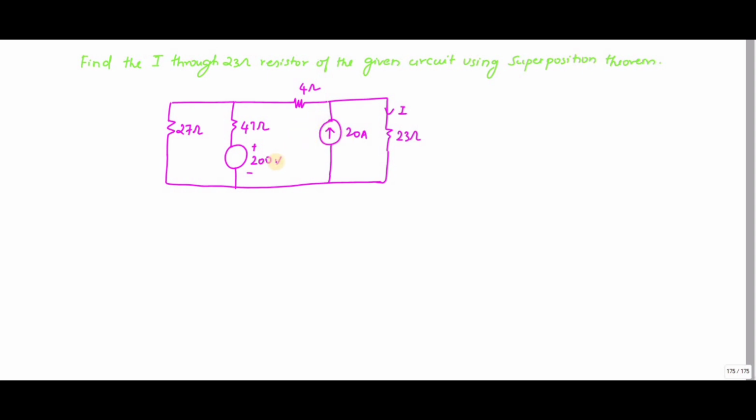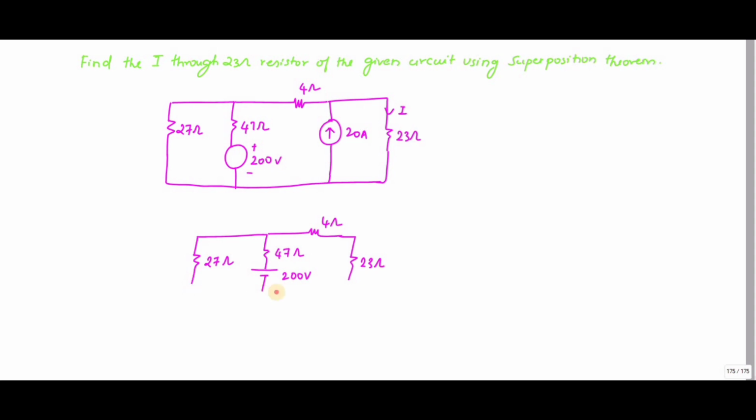So first let me consider only the 200 volt source. If I want to make the current source 0, I have to open circuit this current source.